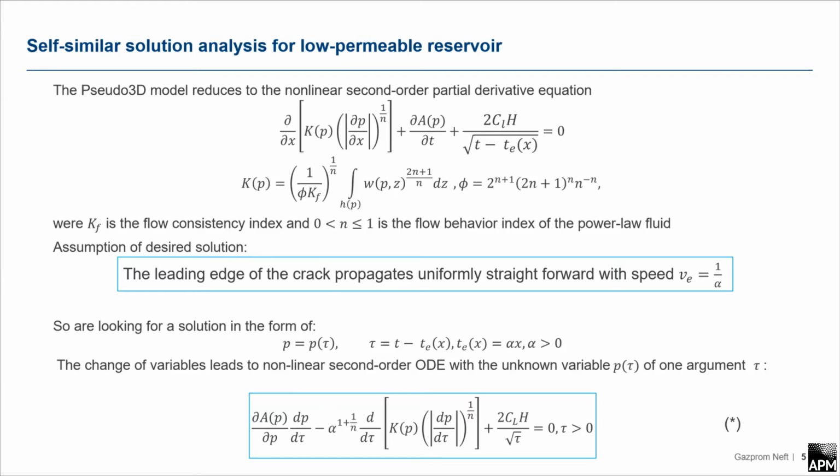This means that we are looking for the solution in the form where our pressure depends on one independent variable, and we name it tau, where tau is time minus the time of element initiation.